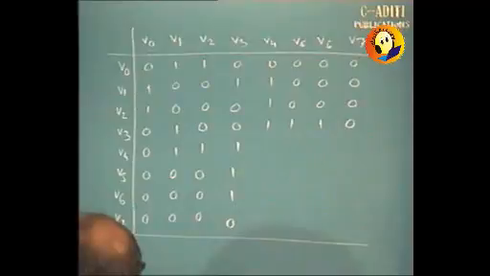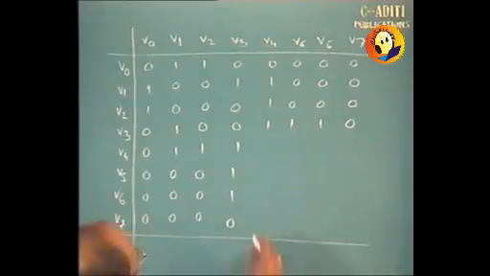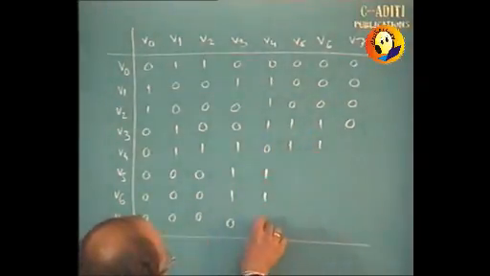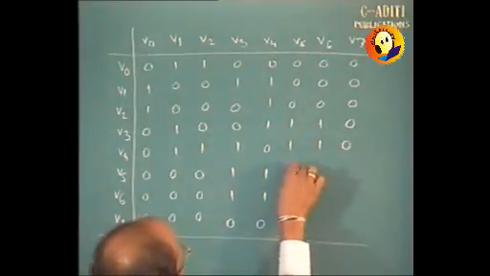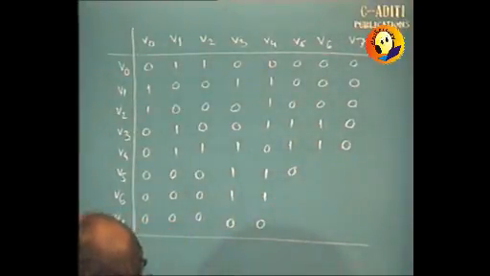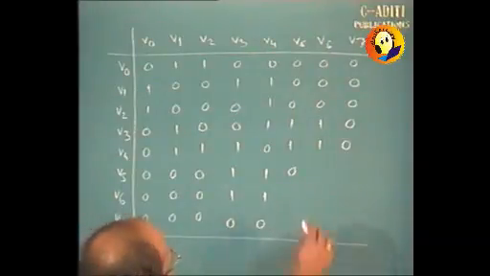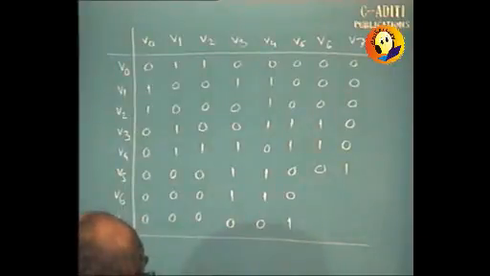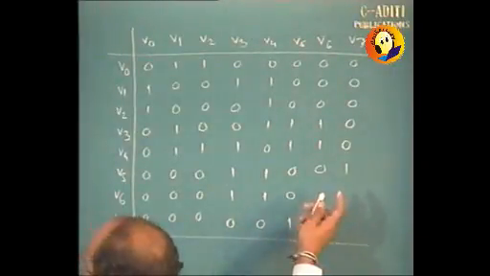From V4 it is V1, V2, V3, V5 and V6. From V5 it will be V7 only. And from V6 we have almost shown all of them.